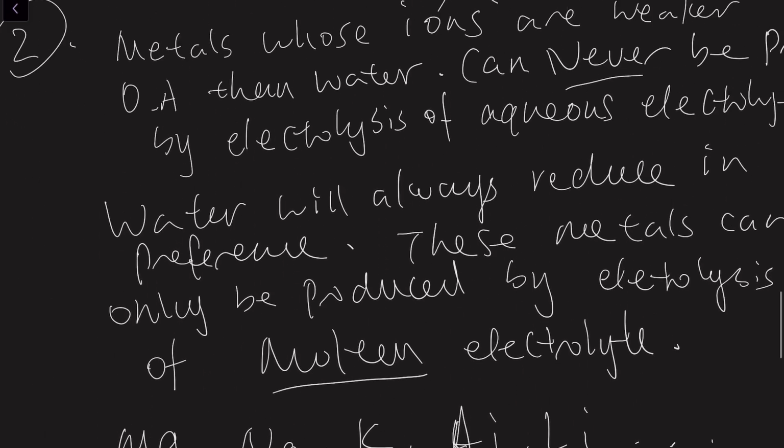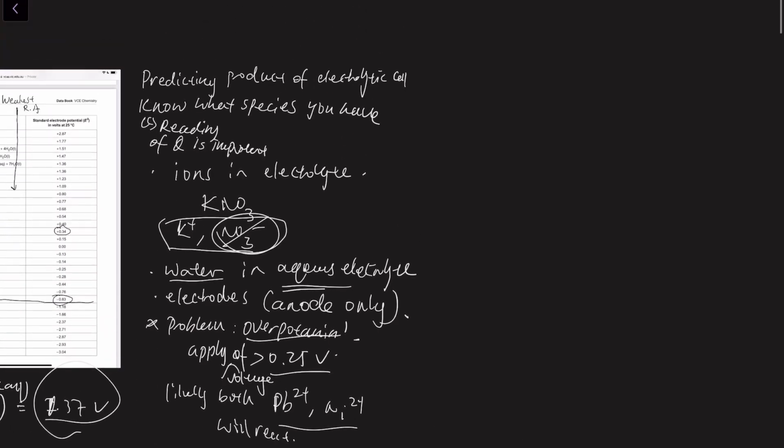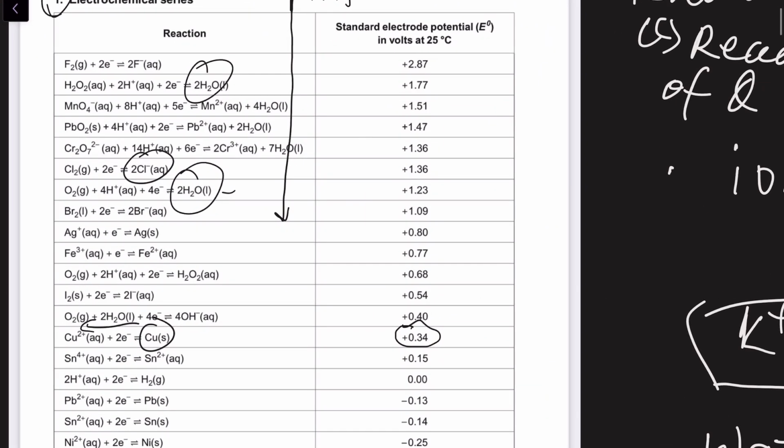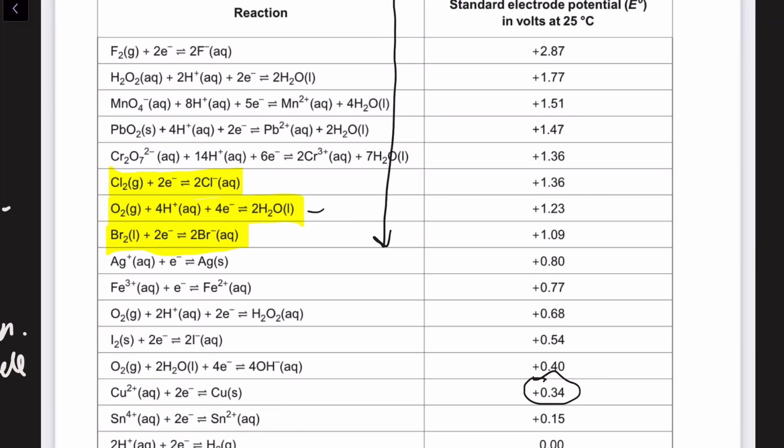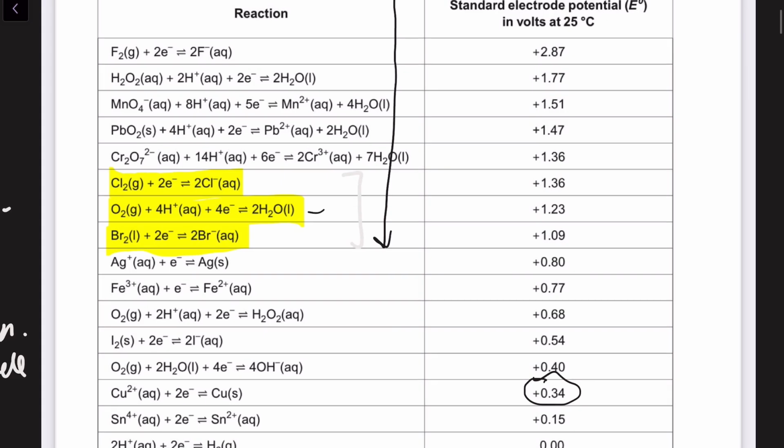In the exam, they usually like to use these three half equations. Let me highlight those three equations for you. So those three chemical reactions, as you can see, are very close to each other.